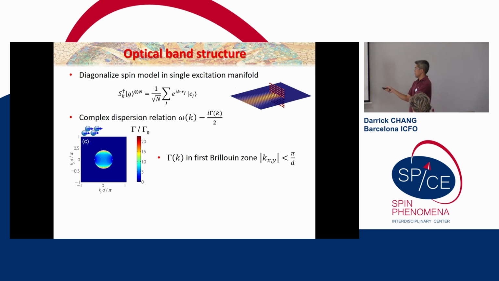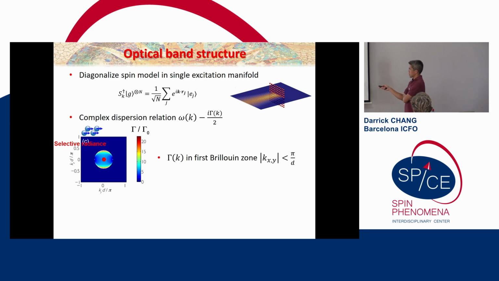Okay? And you see that for k equals 0, there's a non-zero emission rate of this spin wave. But then because of this translational symmetry, we know that all that light is reflected back into the direction that you sent in. So this is just another manifestation of this selective radiance phenomenon.